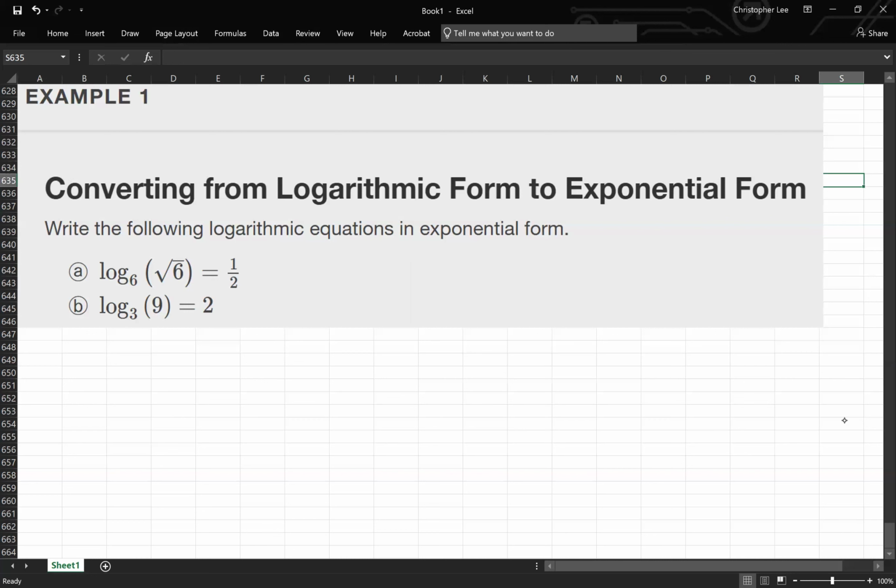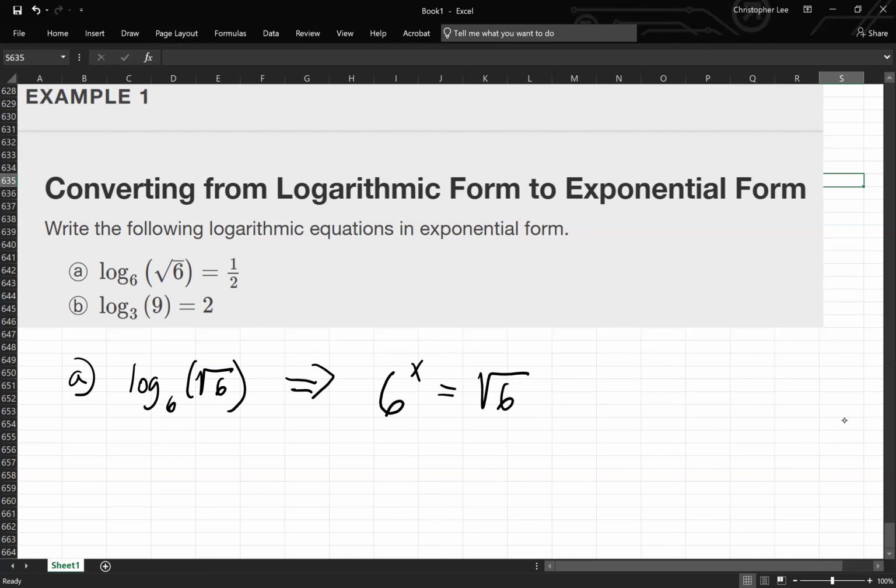So let's look at A. I have log base 6 of the square root of 6. I want to change this into exponential form. So base 6 raised to some power, let's call it x, is equal to the square root of 6.